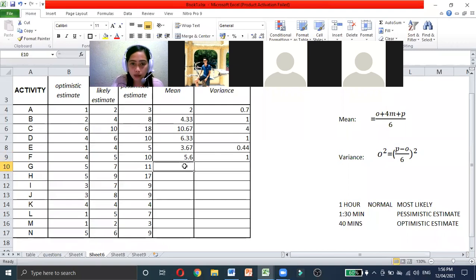Okay. How about activity G? The mean is 7.33, and the variance is 1. And then how about activity H? The mean is 9.67, and the variance is 4. Okay. I?